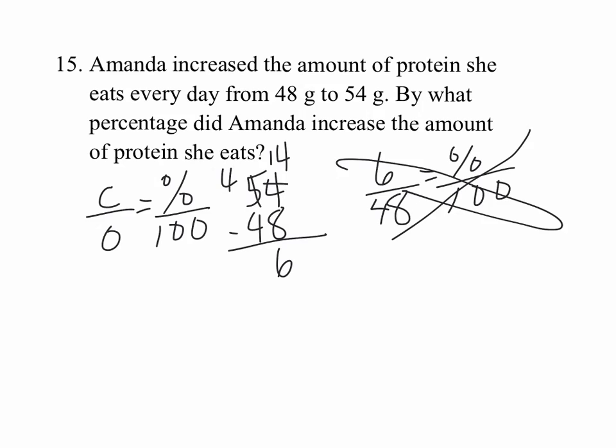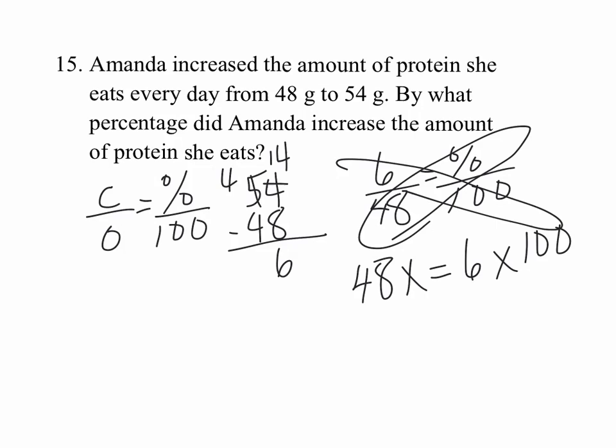Use your cross products. 48x is what we're looking for, the percent, equal to 6 multiplied by 100. Divide both sides by 48. You should know, or at least recognize, that 48 is a multiple of 6. 6 goes into itself once, and into 48 8 times.